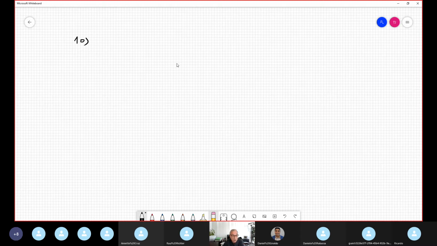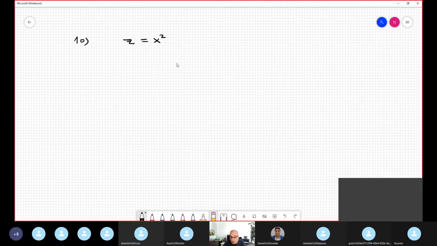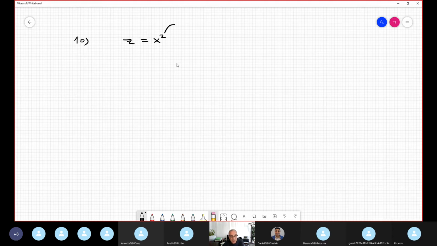Okay, so suppose we sketch c equals x squared. What do you think about this surface? What kind of surface? What's the name? It's a plane. No, not a plane, Giraldo. Why not? Because the square indicates that it's not a plane.